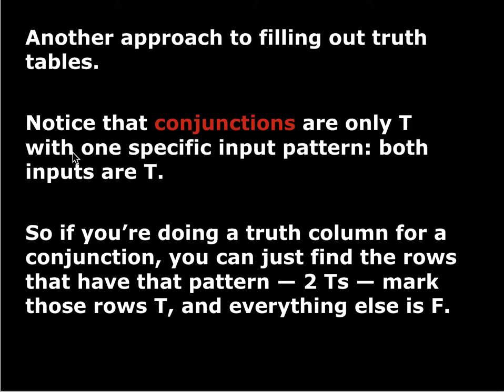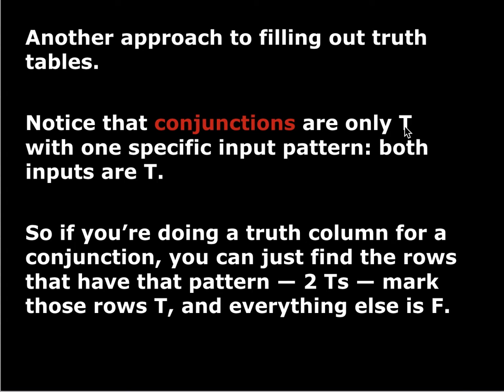Okay, so notice that for conjunction, there's only one pattern that makes it true. All other patterns are false. It's only true when both inputs are true. Every other input, first true, second false, first false, second true, both false, is false.